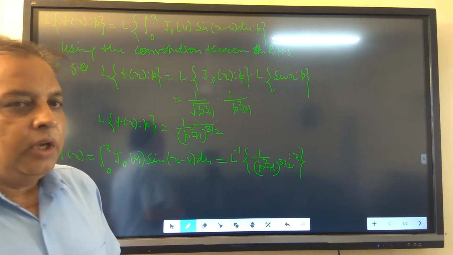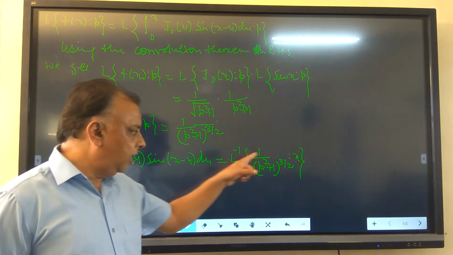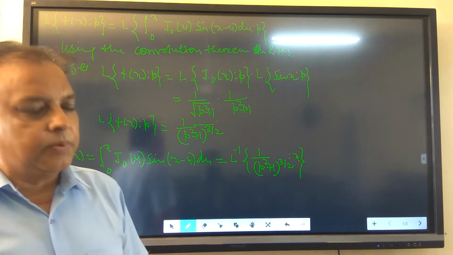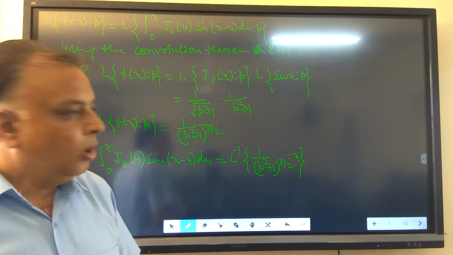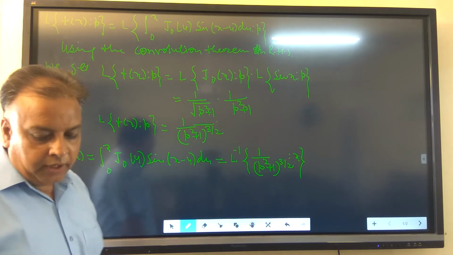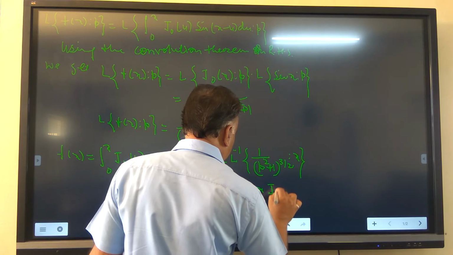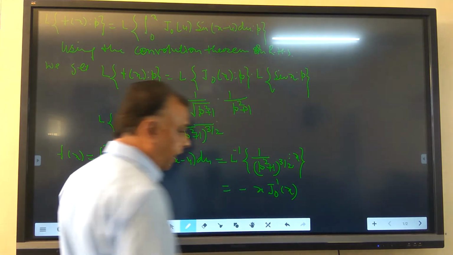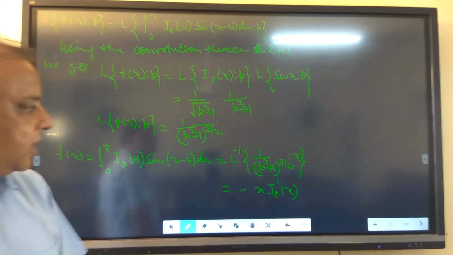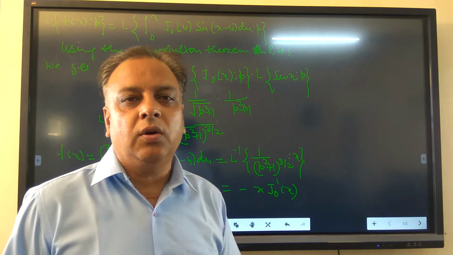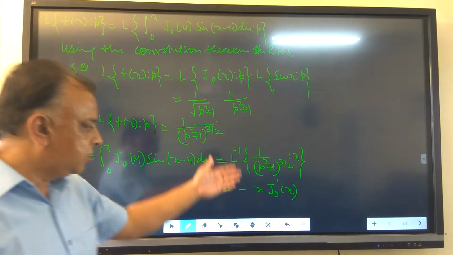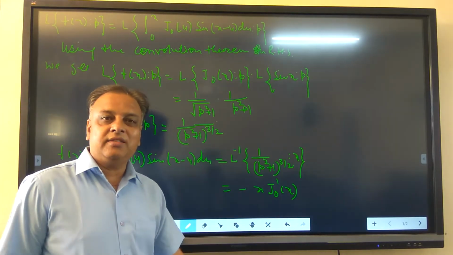In earlier classes, we have calculated the inverse Laplace transformation of 1 upon (p square plus 1) whole raised to 3 by 2, and that is equal to minus x J0'(x).